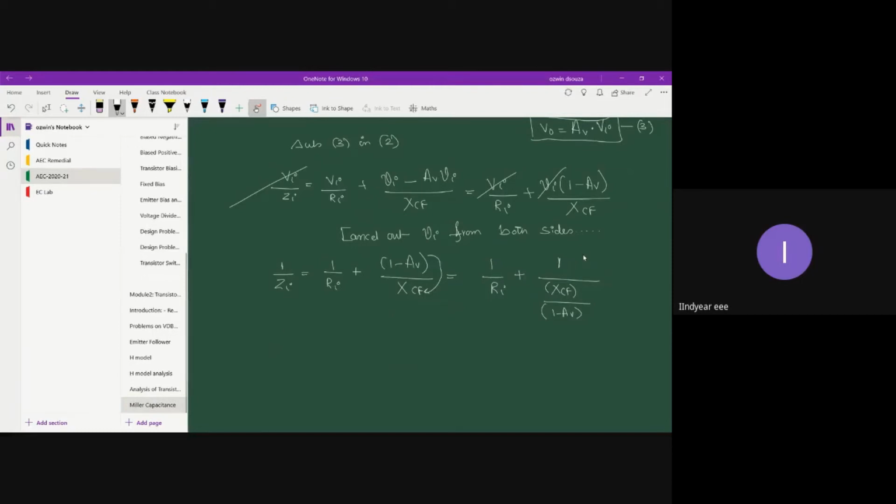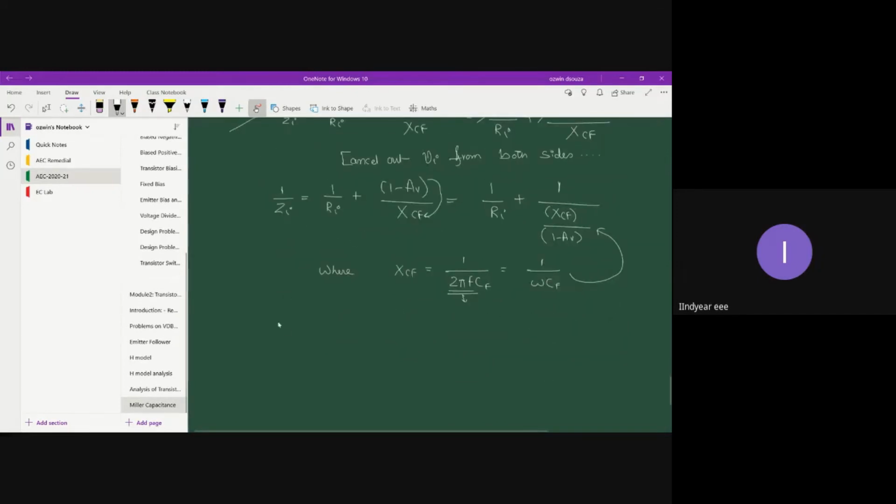Now, XCF is basically 1 by 2 pi F CF, and 2 pi F is nothing but omega. So XCF can be taken as 1 over omega CF. We'll substitute 1 over omega CF in this particular equation.